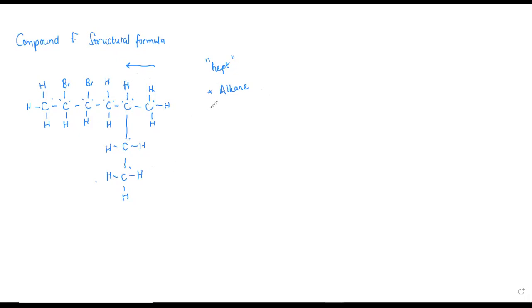But we can also note that this molecule has substituents. In the places where we would expect to see hydrogens over here, we have these bromide atoms, or bromine atoms. We will have to determine which positions these bromine atoms are.